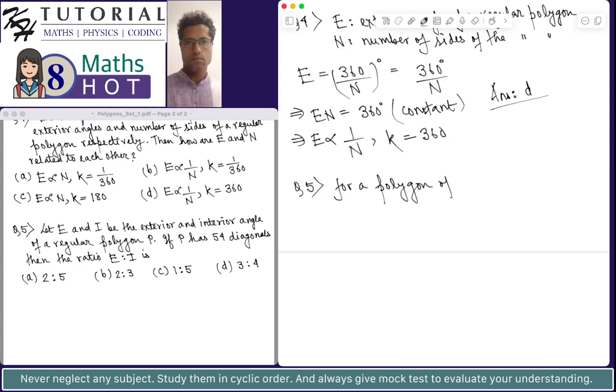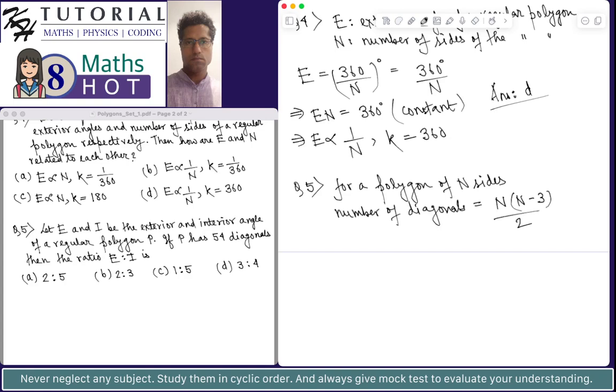For a polygon of n sides, the number of diagonals is equal to n into n minus 3 divided by 2.